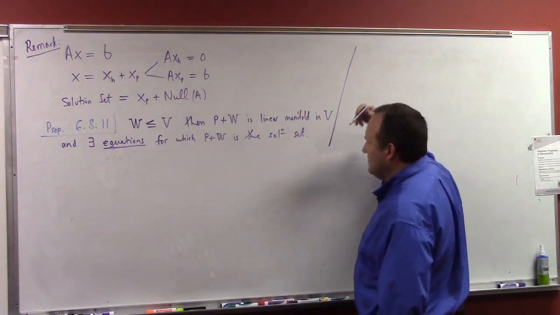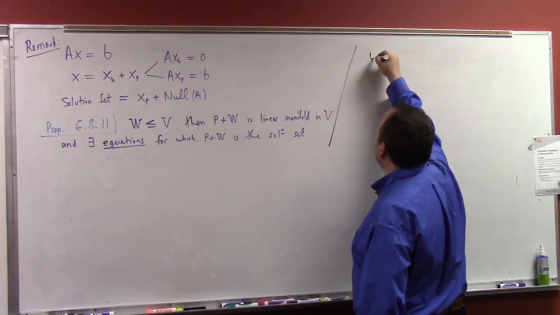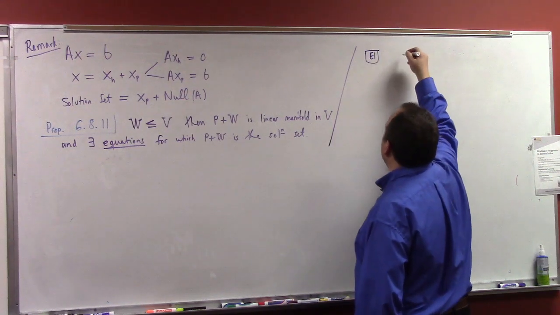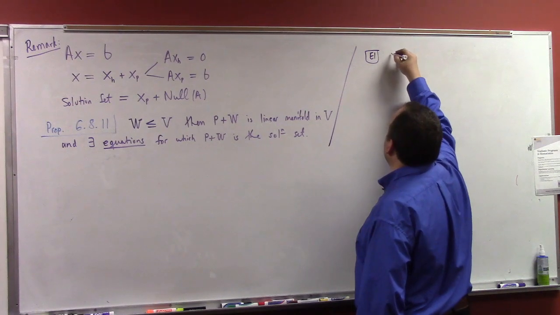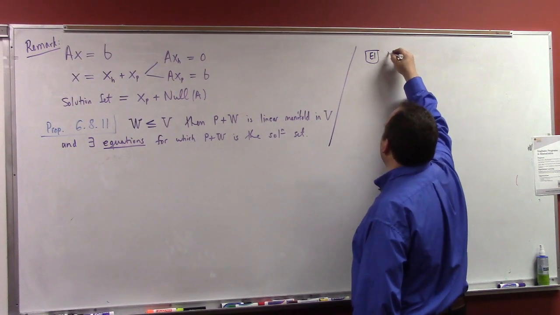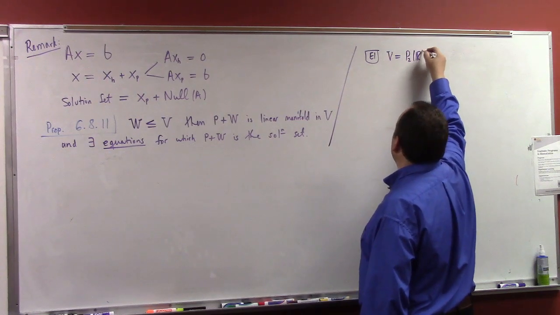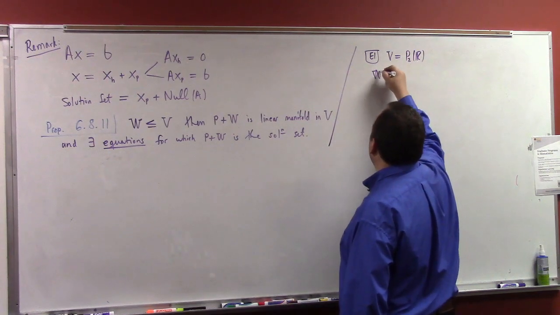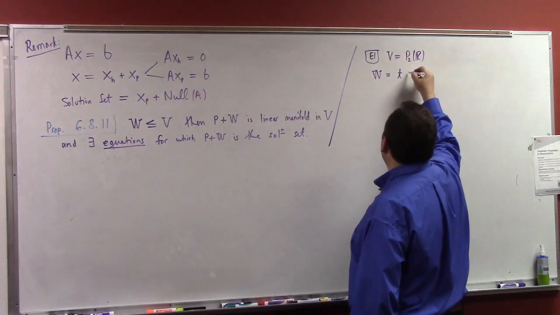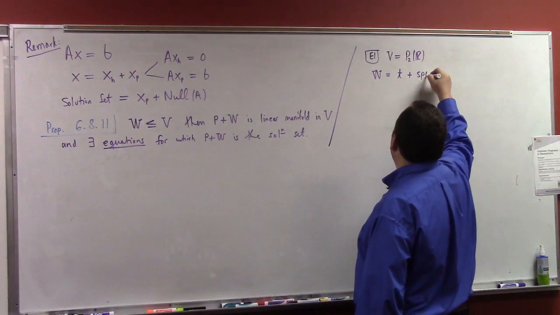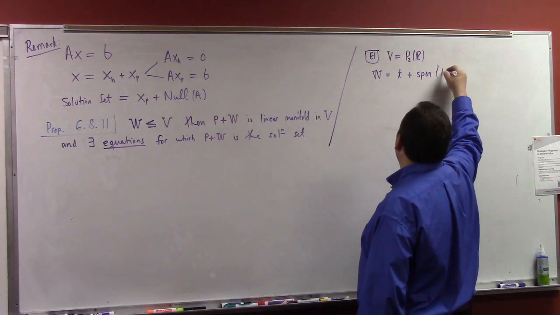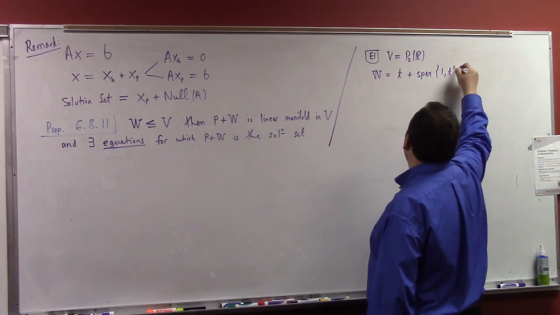Maybe it's hard, I don't know if it's that hard. So, for instance, we could look at V equals second order polynomials over the reals. We could let W be equal to T plus the span of 1 and T squared.